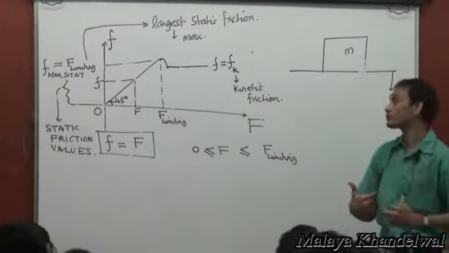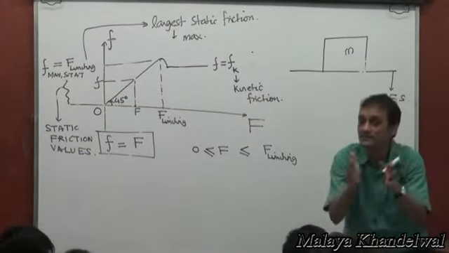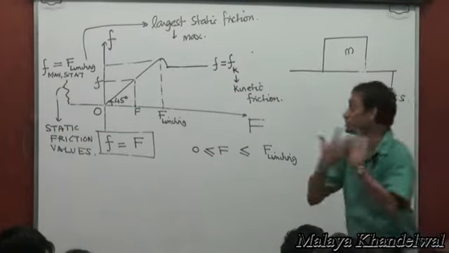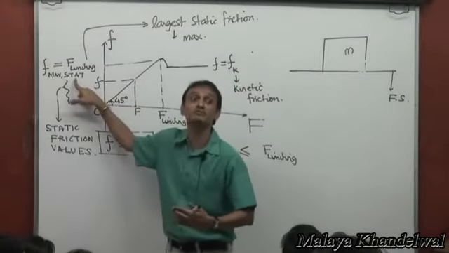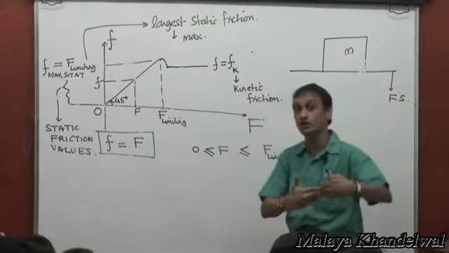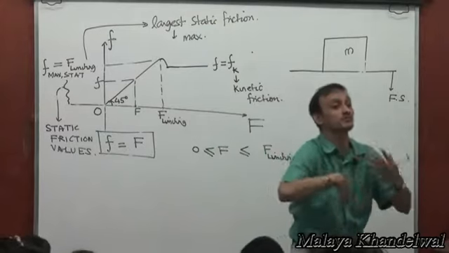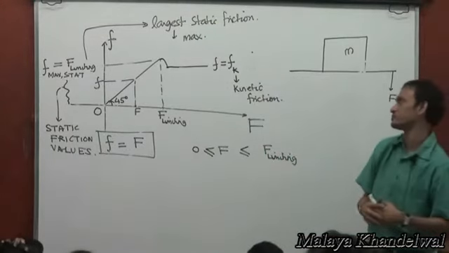The normal force. So now empirically it's been found that the harder they press against each other, the greater will be the value of maximum static friction between the two surfaces. The harder they press against each other, the greater would be the value of this limiting force, or the maximum possible value of static friction between the two surfaces.